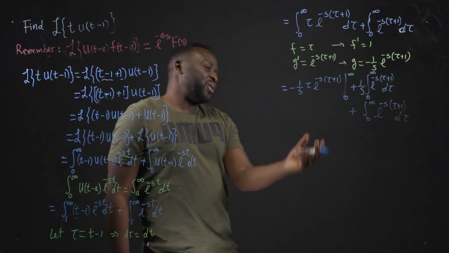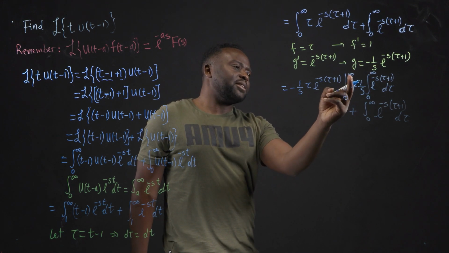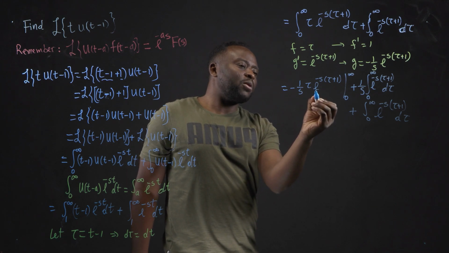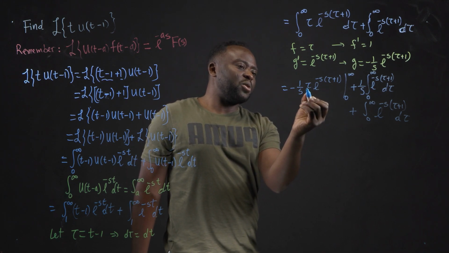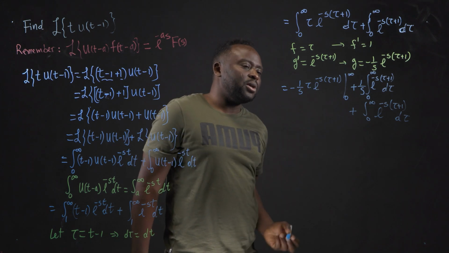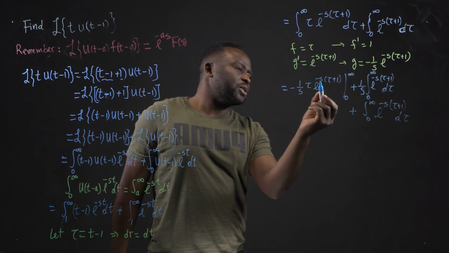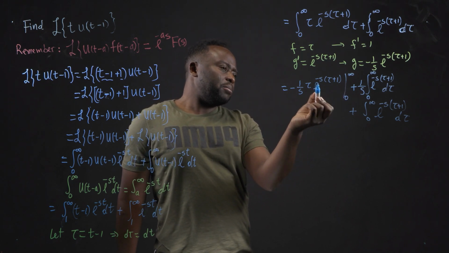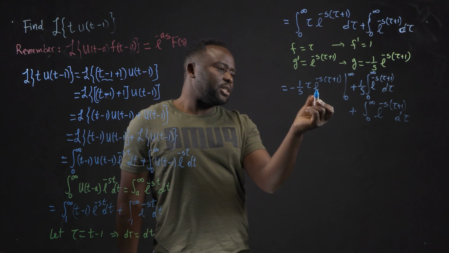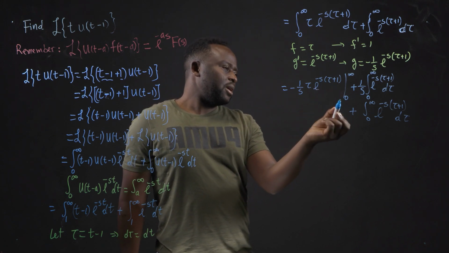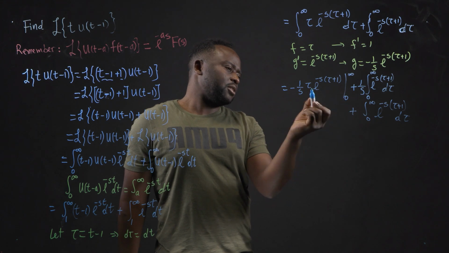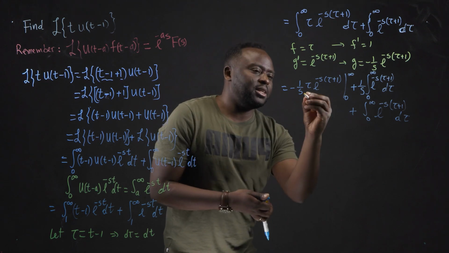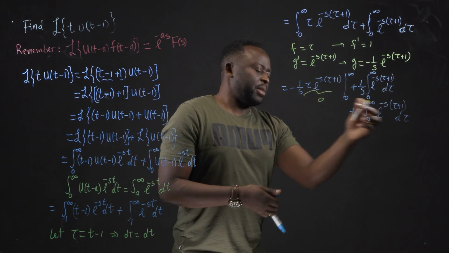All right, here, if we substitute the limit when tau tends to infinity, then we see that the exponential function grows quicker than the polynomial tau. If you compare these two, you see that at infinity this product is dominated by the exponential function, and therefore the exponential of negative infinity decreases to 0, right? So this is 0, and the second limit here is also 0 because of tau.